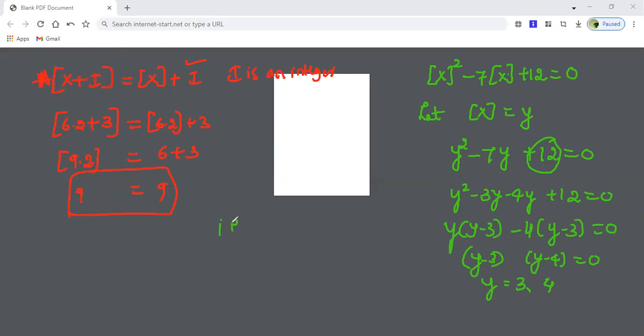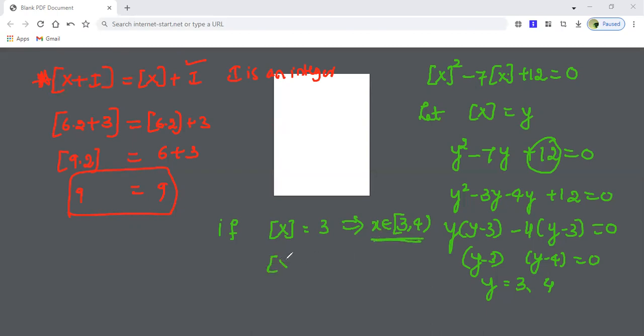So if the greatest integer of x is equal to 3, this implies, as we have already discussed, that x must belong to the semi-open interval [3, 4); only then is the greatest integer of x equal to 3. This is valid for this interval.